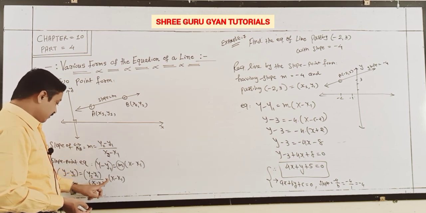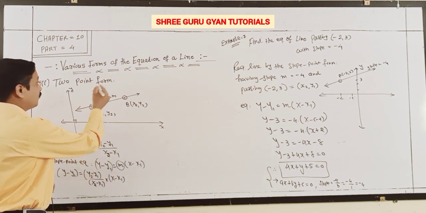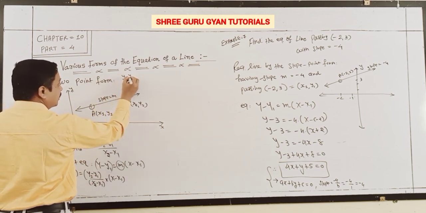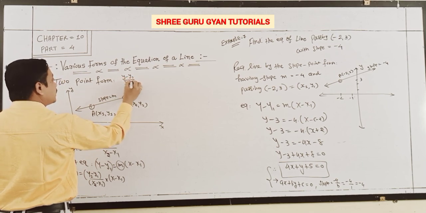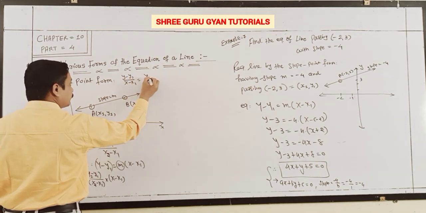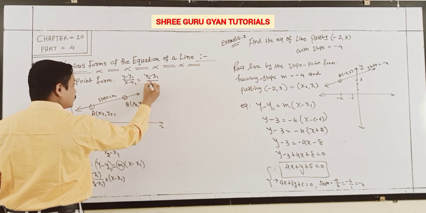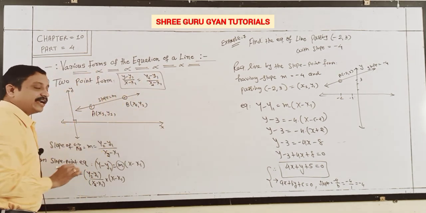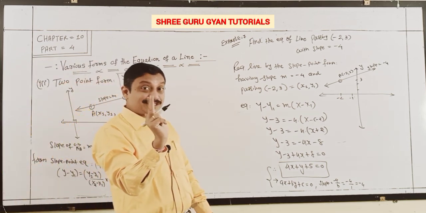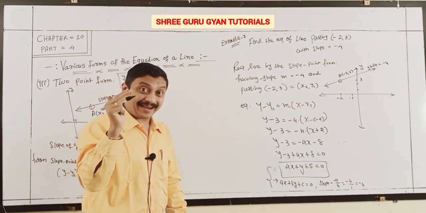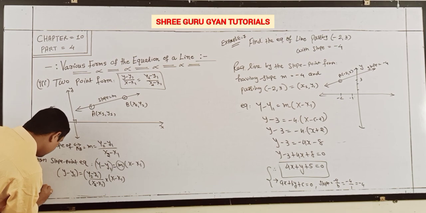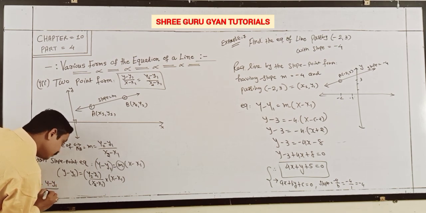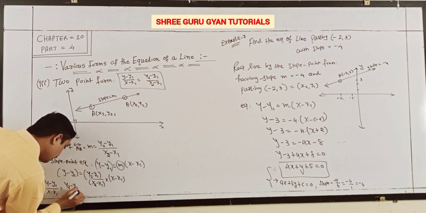Now I divide. You get the form (y minus y1) by (x minus x1) is equal to (y2 minus y1) by (x2 minus x1). That is your formula to remember. Whenever two points are given on a line, the equation is (y minus y1) by (x minus x1) equal to (y2 minus y1) by (x2 minus x1).